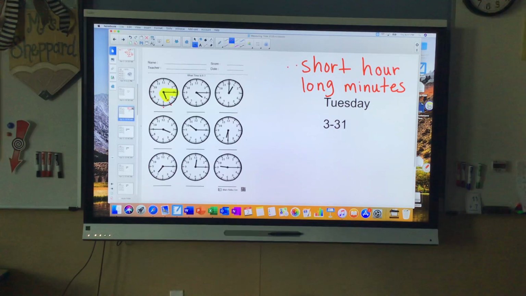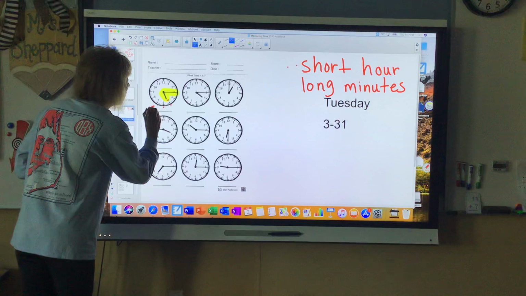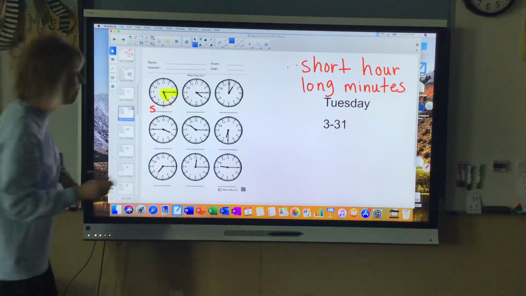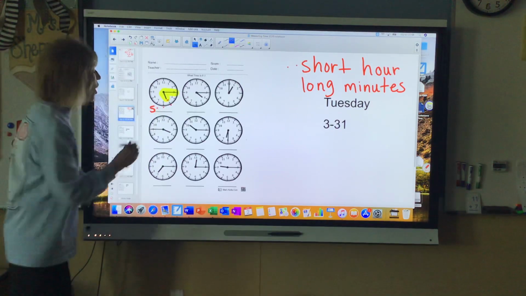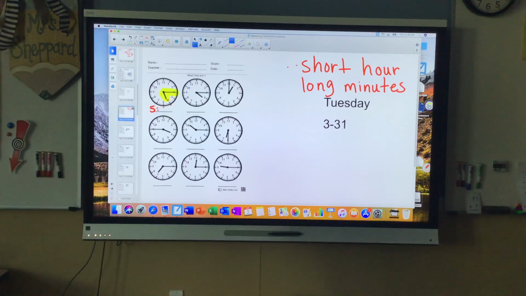So if my shorthand is between the 5 and the 6, my hour is going to be 5. And then I'm going to put my colon to separate my hour from my minutes. Now it's probably coming back to you. We've done this in Fantastic 5.